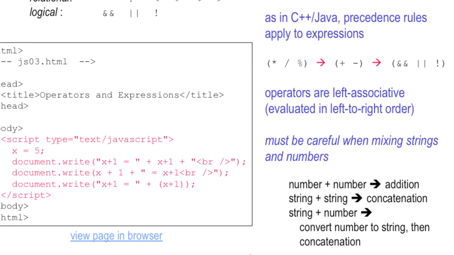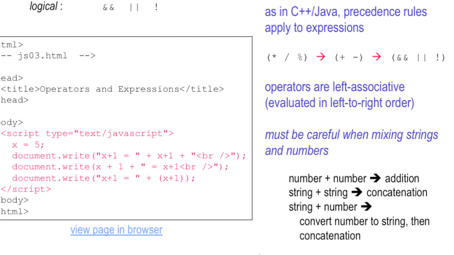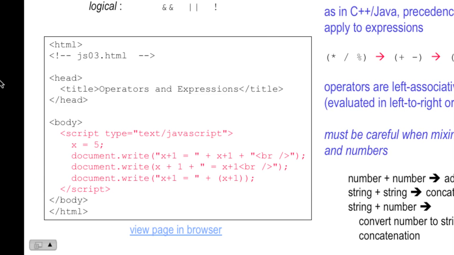And you must be careful when mixing strings and numbers. So as I was mentioning before, a number plus a number is addition. A string plus a string is concatenation. A string plus a number is, convert the number to a string, then concatenate. So by default, everything's a string. If it's a number, you have to add it to another number. Otherwise, it's a string, which can be kind of tricky.